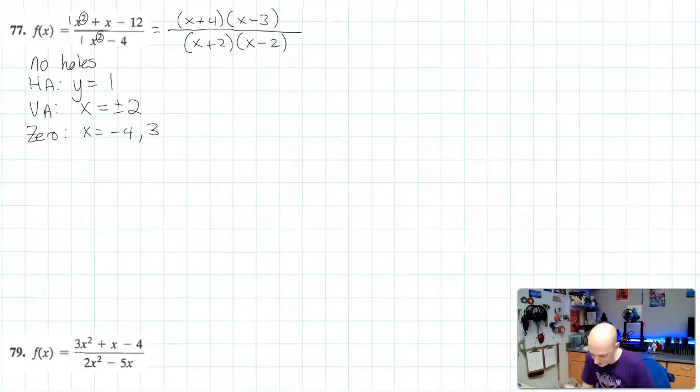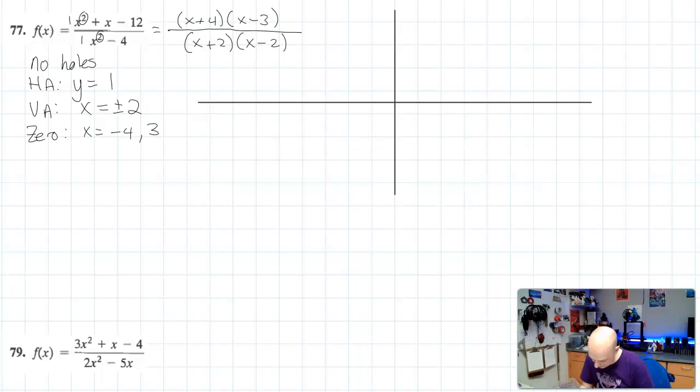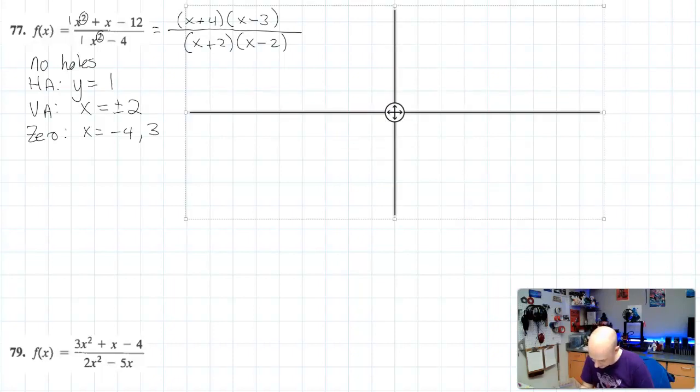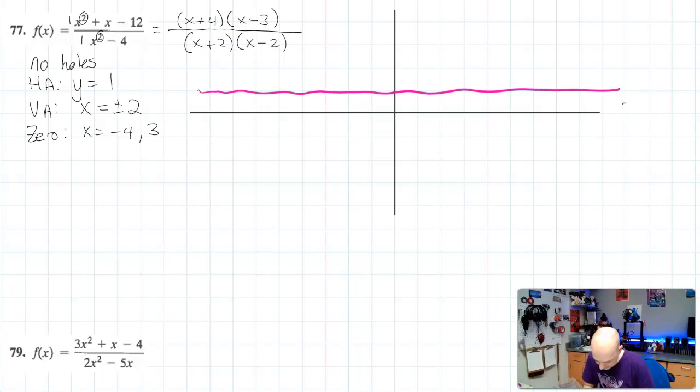This is really starting to get interesting. Being organized is going to help a lot in our sketching. Put that right here. Horizontal, 1. Vertical on the 2's. Zeros at 3 and negative 4.